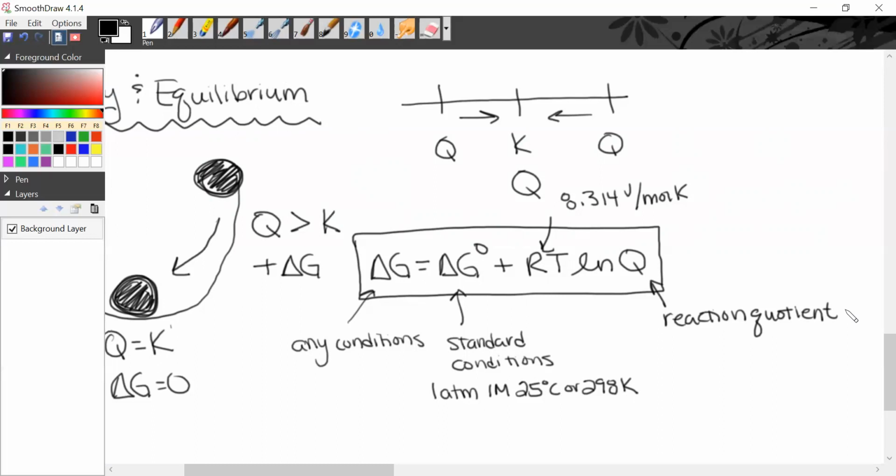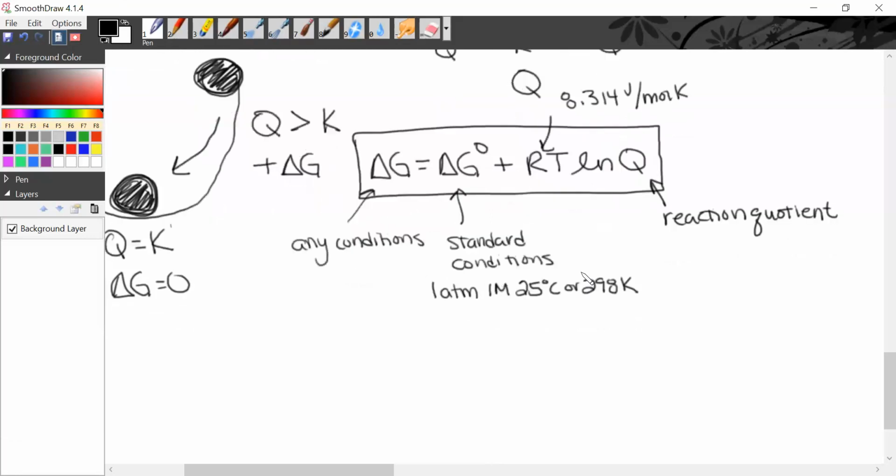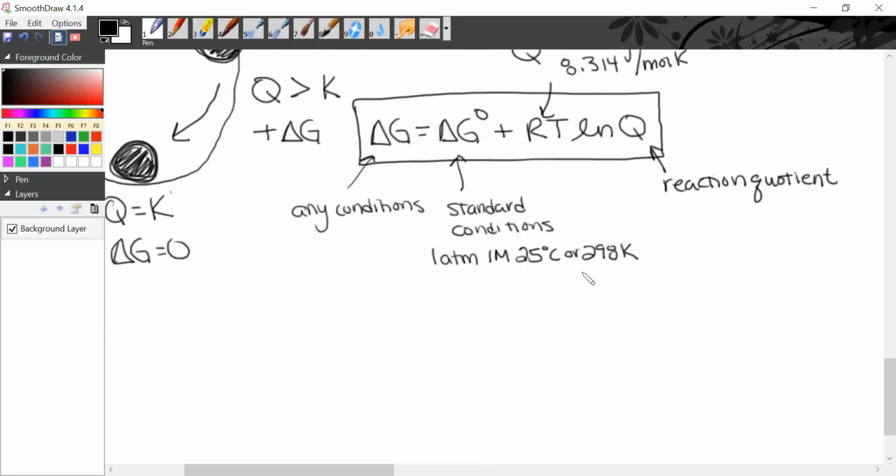Yeah. Okay, so this is the relationship, you guys, between delta G and Q, the reaction quotient, making a prediction about whether or not we're going to equilibrium or whether we're at equilibrium yet. We can also relate this directly to K, the equilibrium constant itself. Your delta G standard is equal to negative R times T ln of K, the actual equilibrium constant.